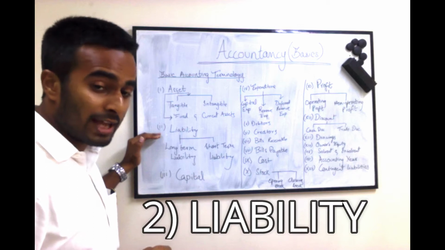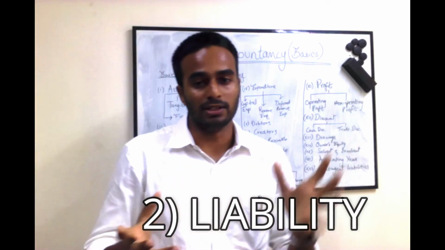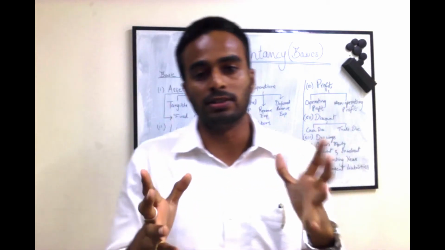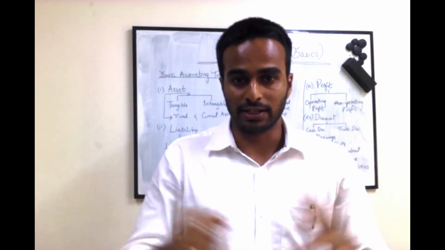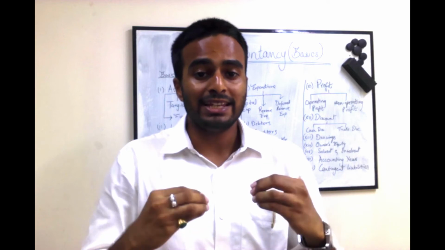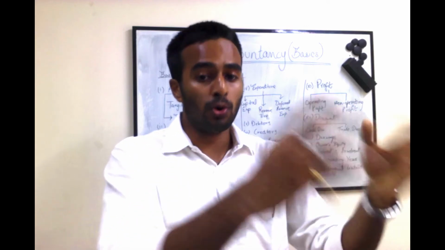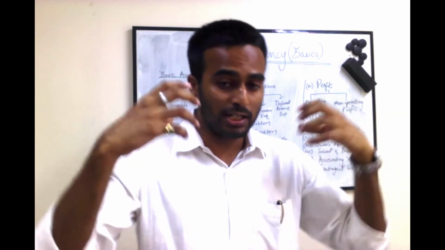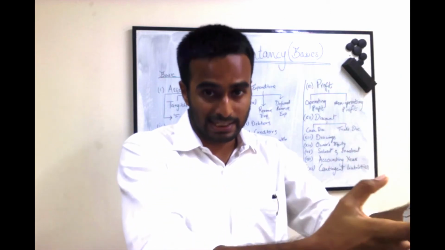Then we come to liability. What does liability mean? We always first define what the term is and then we go to the classification. Now when I say liability, it's anything that the firm, the business or the individual owes to the outsider.